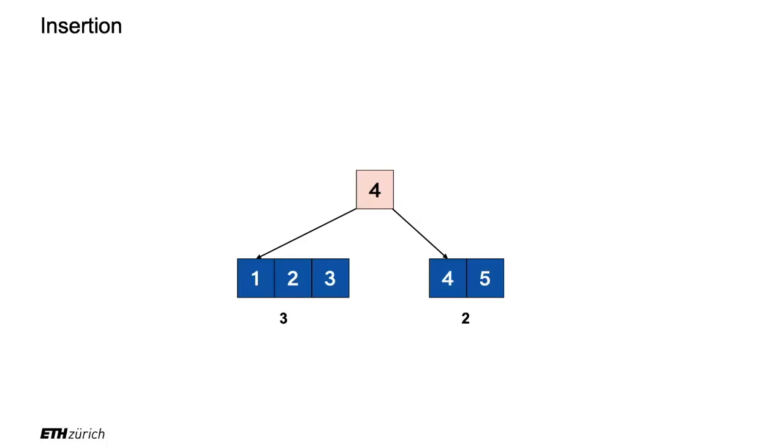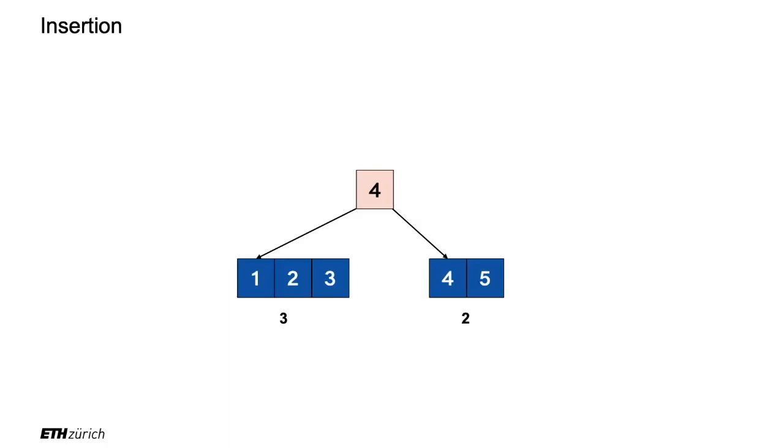I could have put 3.5 or whatever I want, right? But it's just convenient to use the smaller value from the right. So I just put the 4. Everything strictly smaller than 4 is on the left. Greater or equal to 4 is on the right, so the world is in order. I have 3 values on my left node and 2 values on my right node, so it's all between 2 and 4. So I'm happy about that.